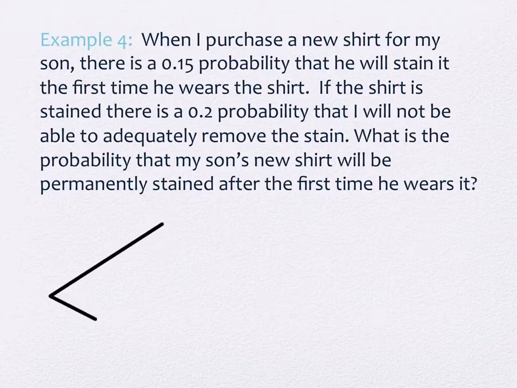So these are my first two tree branches. The first one is that he stains the shirt, and the second one is that he doesn't stain it. So I'll just say no stain. Okay, so what's the likelihood that when he wears it, the shirt gets stained? 0.15.